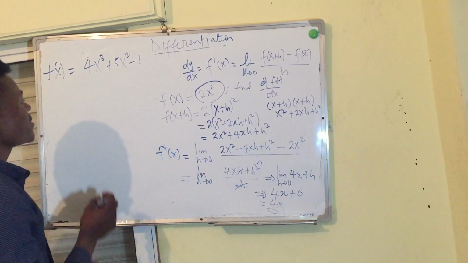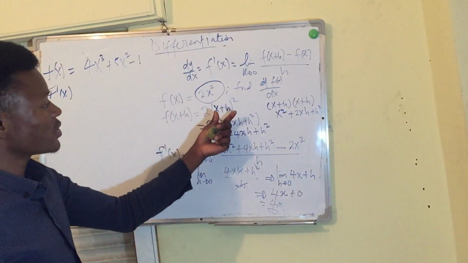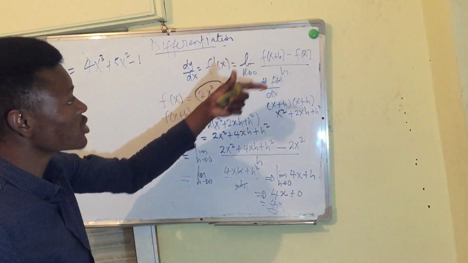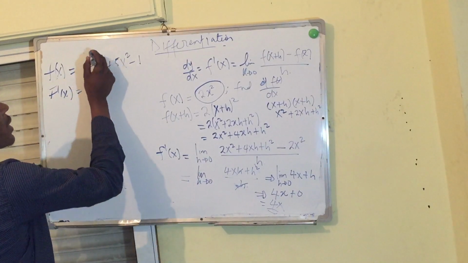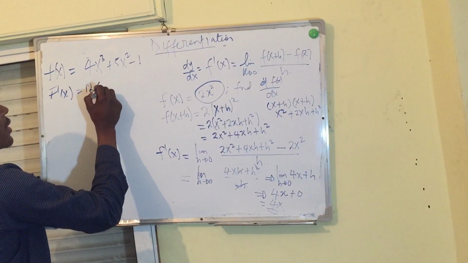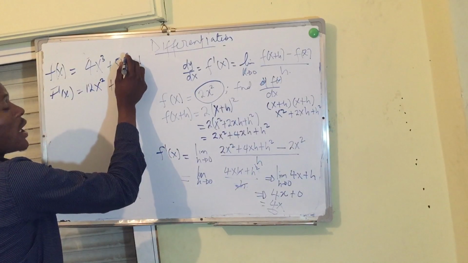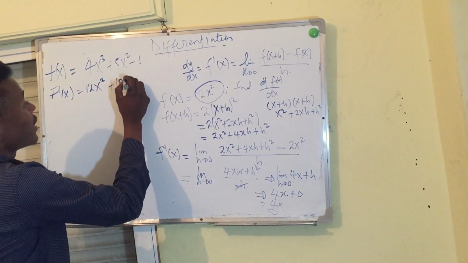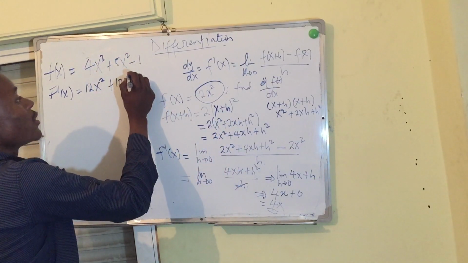Abin da yake faruwa nan, idan muna son mu yi amfani da wancan rule din, zamu iya gano f of x plus h, we simplify mu applying cikin formula, amma the simplest way shine we multiply kowane term by power din, sai subtracting 1 from the power. 3 times 4 is 12, 3 minus 1 is 2, 2 times 5 is 10, then 2 minus 1 is 1.